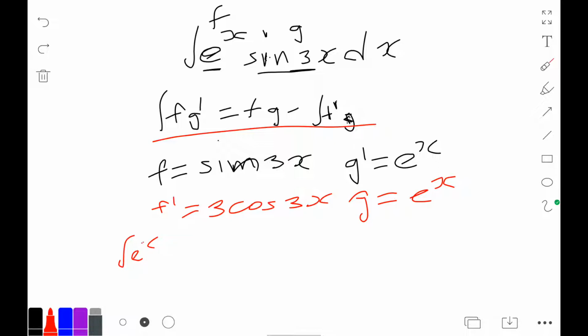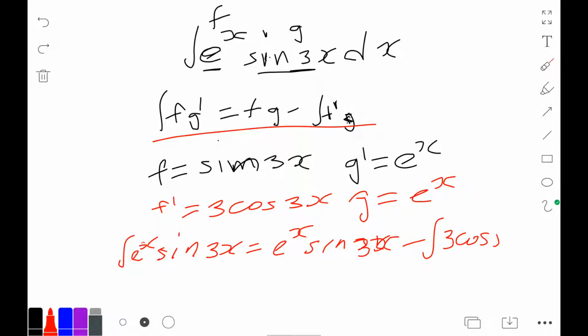The integral of e to the power x sine 3x is equal to, following the formula, f g, which is e to the power x sine 3x, minus the integral of f prime, which is 3 cos 3x, multiplied by g, which is e to the power x.